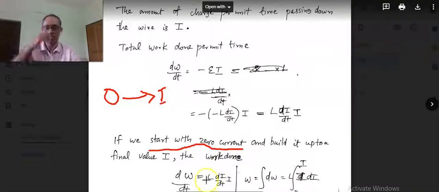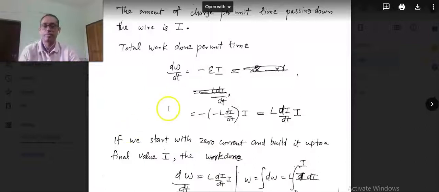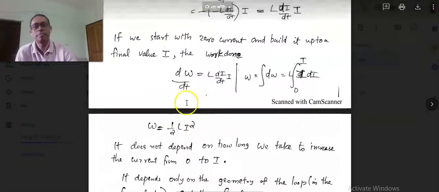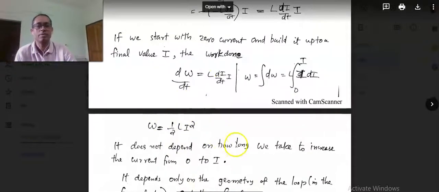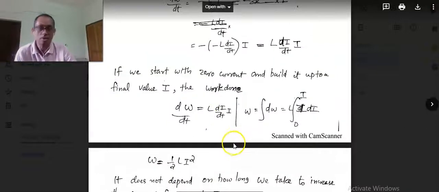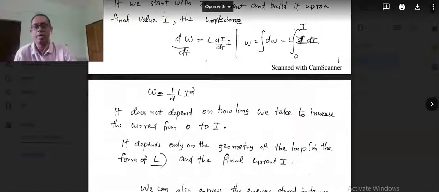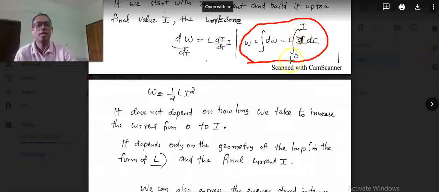Then we are calculating the total work done, that is given by W equal to the integral of dW, which is the integral from 0 to I. Here dW by dt is L di by dt I, and this dt can cancel.